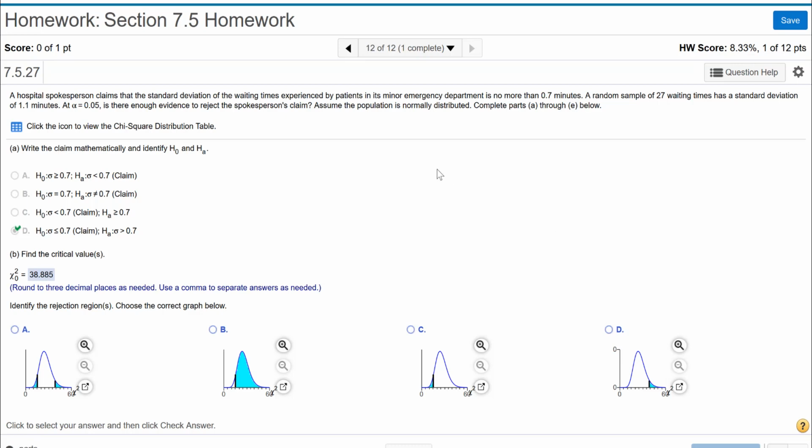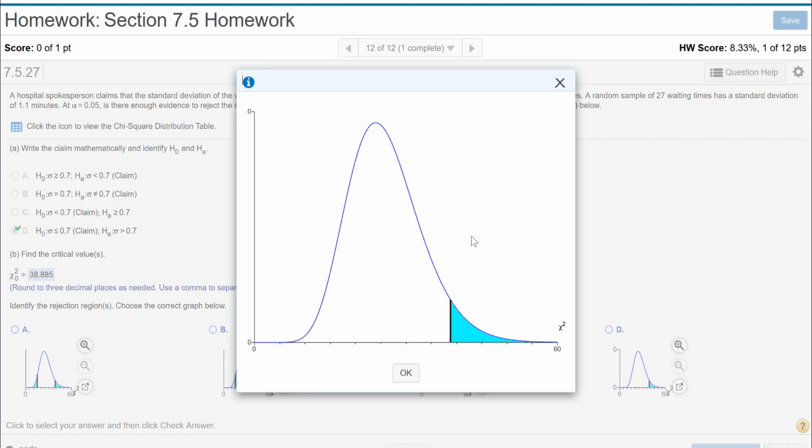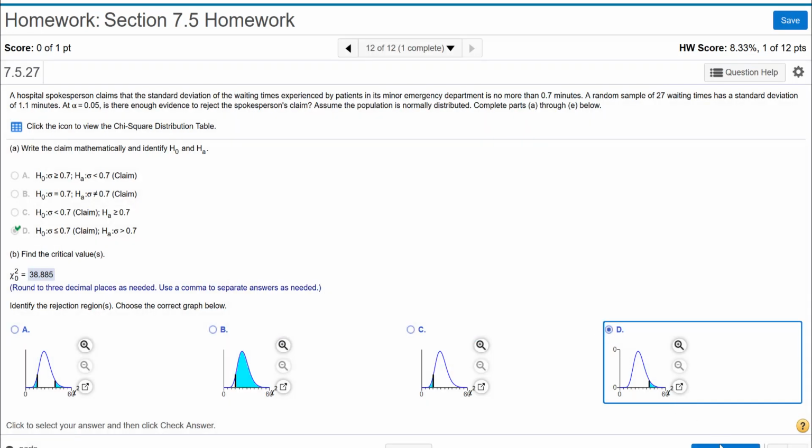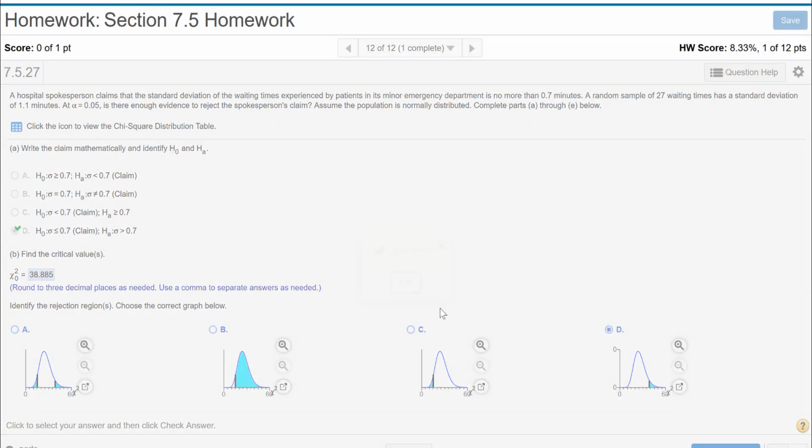And remember the claim is that it is no more than 0.7, but on our sample, what we get is 1.1 minutes. So 0.7 would be here, 1, so we're looking at our right test here. So let's take this one, and nice work.